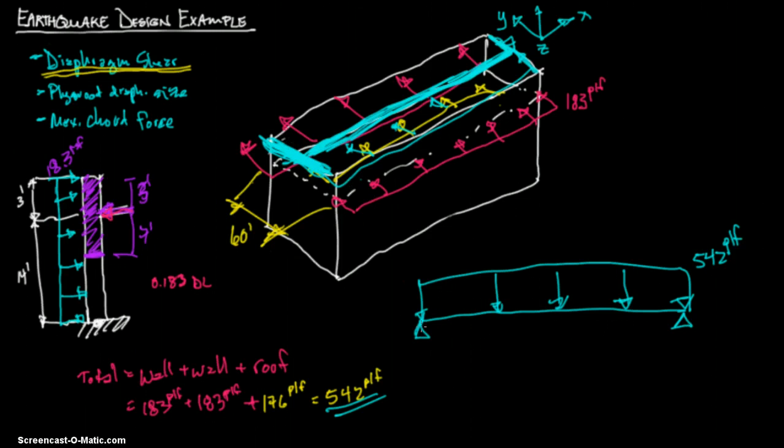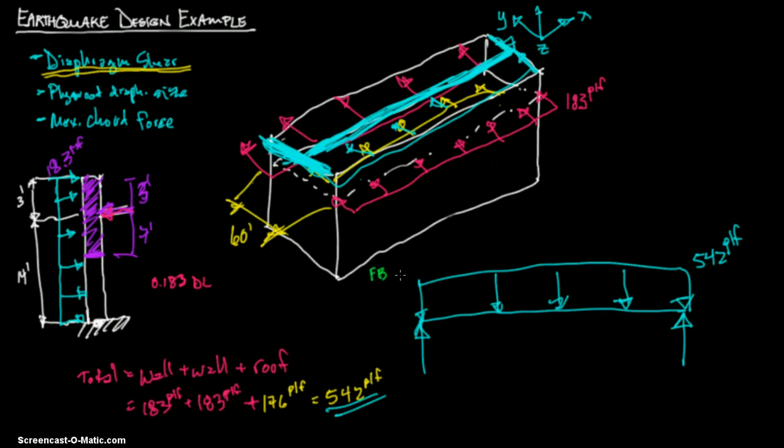So let's figure out what the reaction is for this. We can use a simple equation since it's a uniform distributed load, or you could go ahead and do it the old school way, which, heck, I'm going to do. Just to help out on your moment diagrams and free body diagrams.